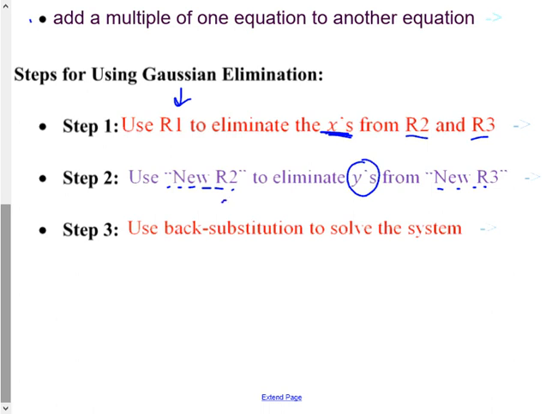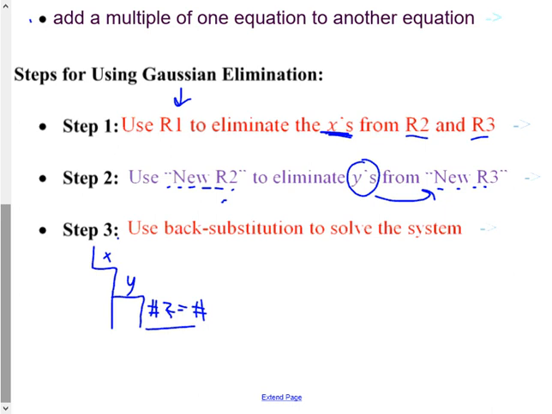By doing that, we started by getting rid of the x's, making that first step, and then we get rid of the y's in the third equation, getting that second step. Then we hopefully will be left with some number times z equals a number, and we'll be able to solve. Once you're there, that's step 3: we back substitute like we just did to solve the system.